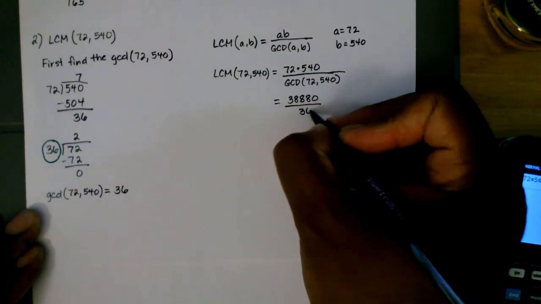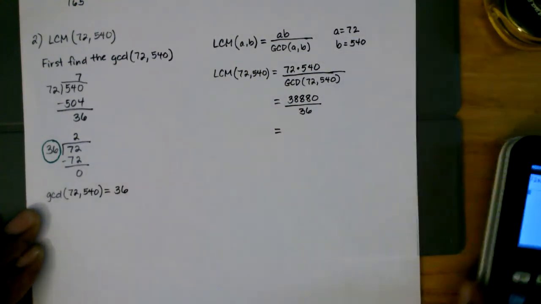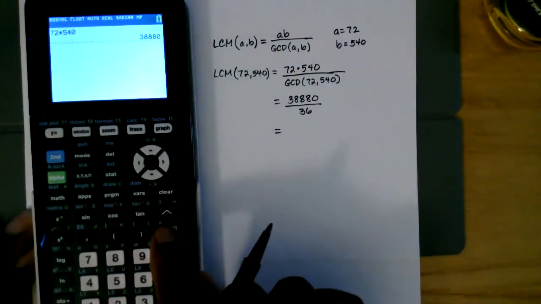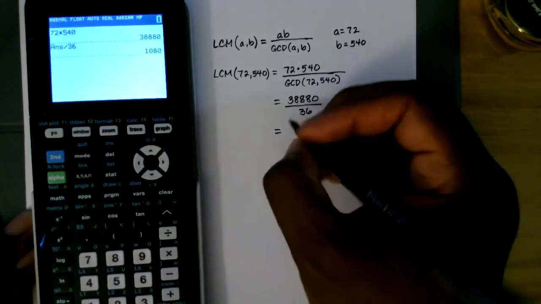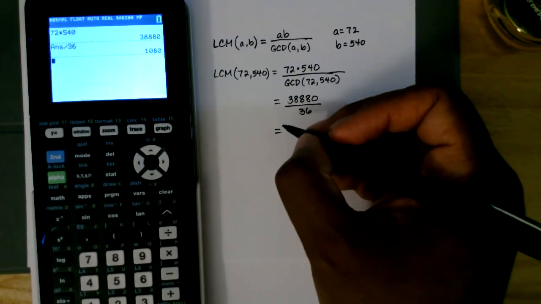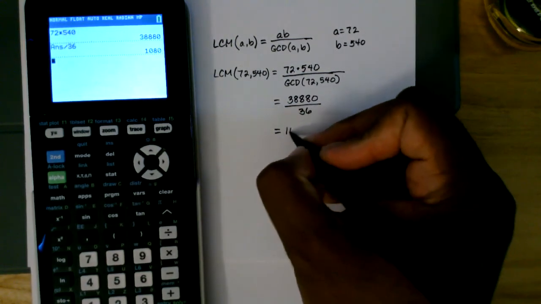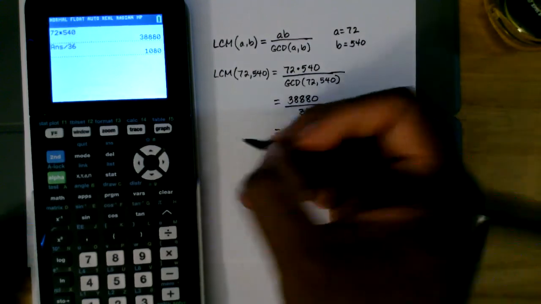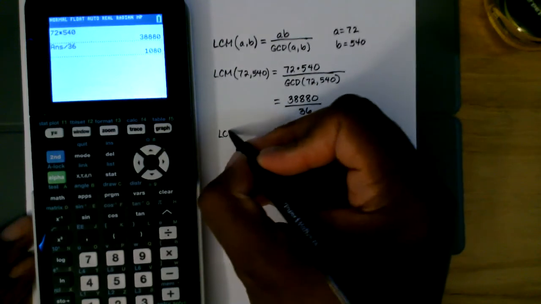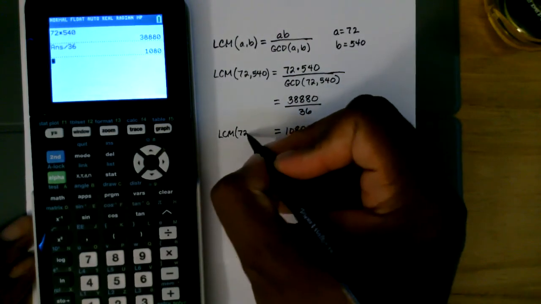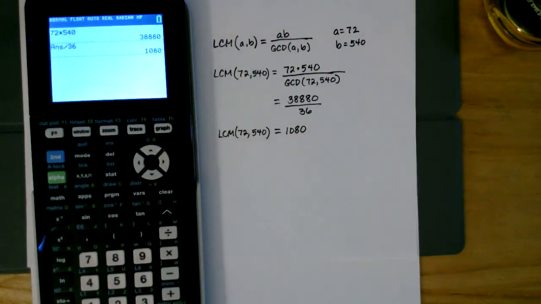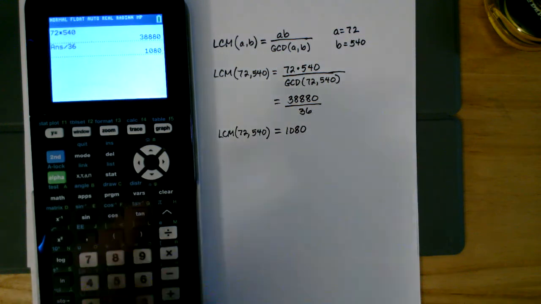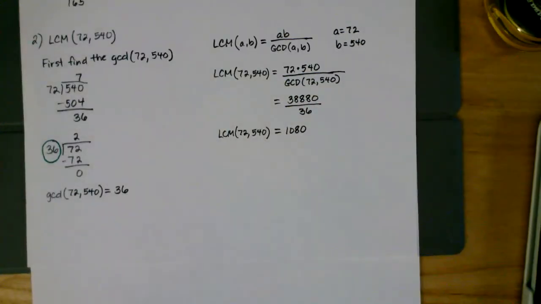So it'd be 38,880 divided by 36. And we'll end up with 1,080. So here, the least common multiple of 72 and 540 would be 1,080, okay, using that formula.